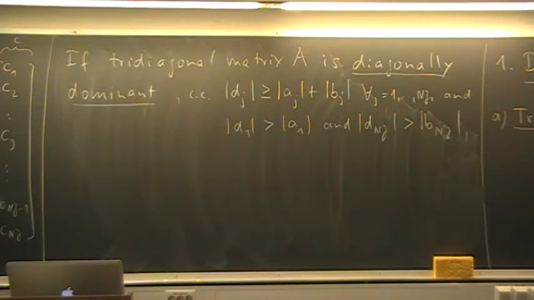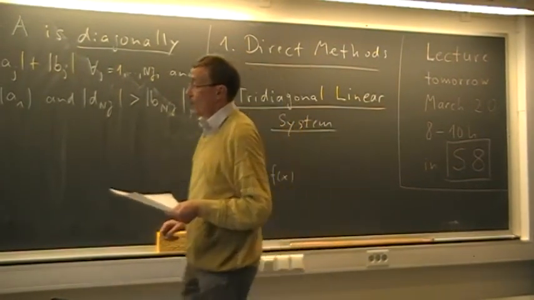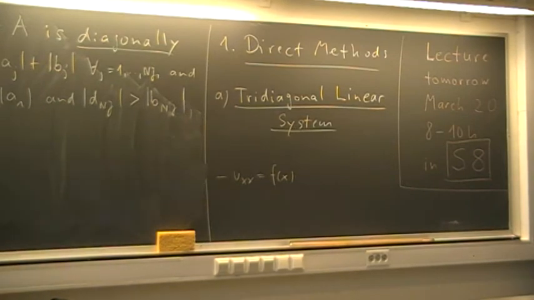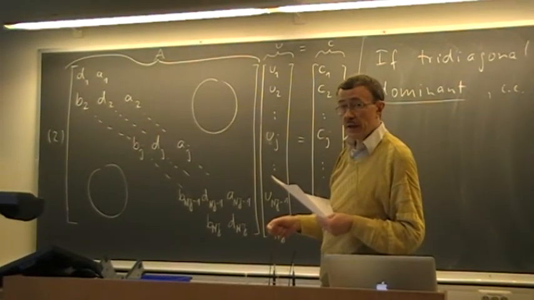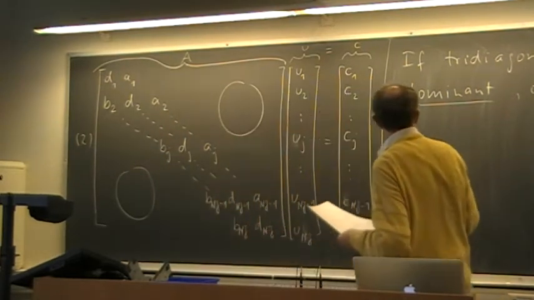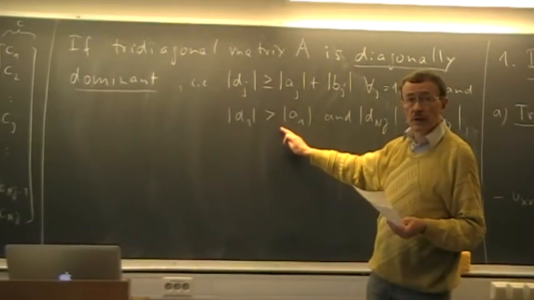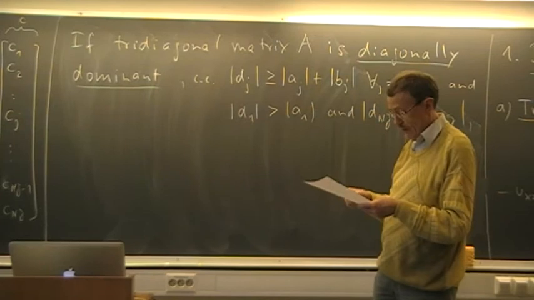And if you remember, it's a time ago, but in our discretization for, say, minus uxx equal f of x, when we had this discussion in the beginning, we get a 2 divided by delta x squared in the diagonal, and we get a minus 1 over delta x squared in the off diagonals. So then this is satisfied with an equal sign, and this is clearly satisfied with a larger sign. So this is okay for us.